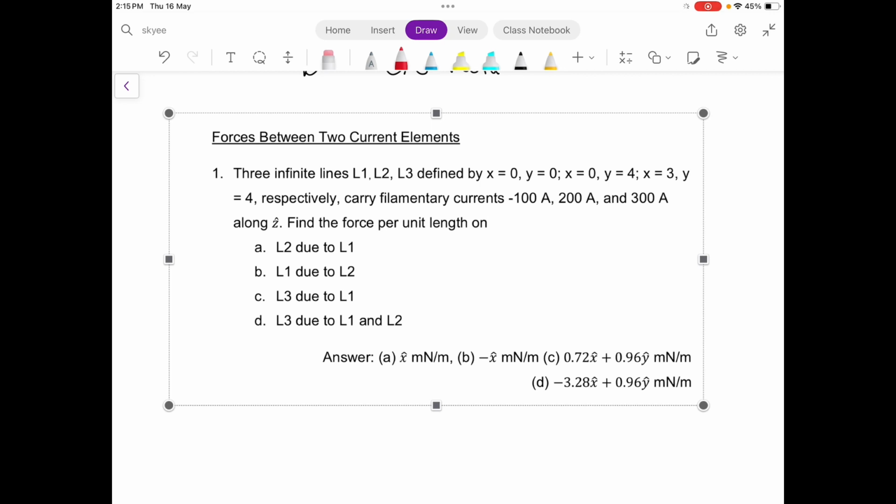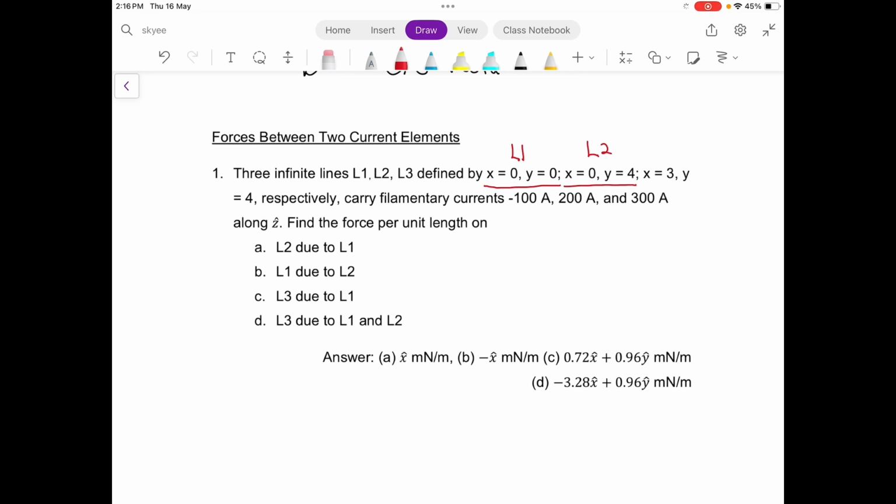They are defined by X equals 0, Y equals 0 for L1. The L2 is defined by this one, and the L3 is this one. These are their currents, I1, I2 and I3, in the Z direction.